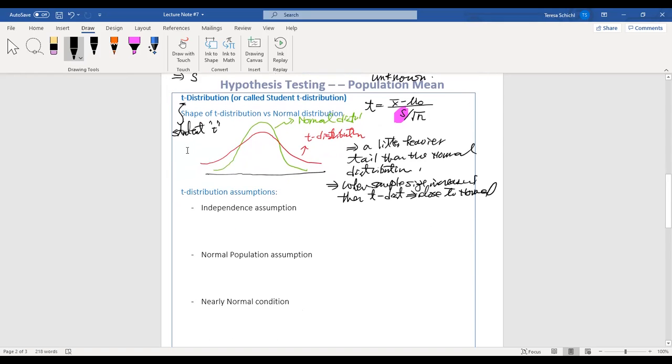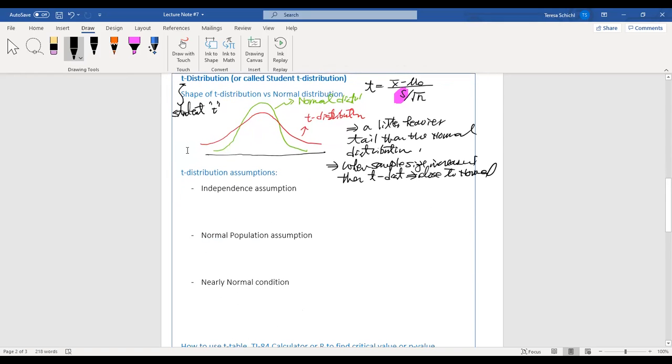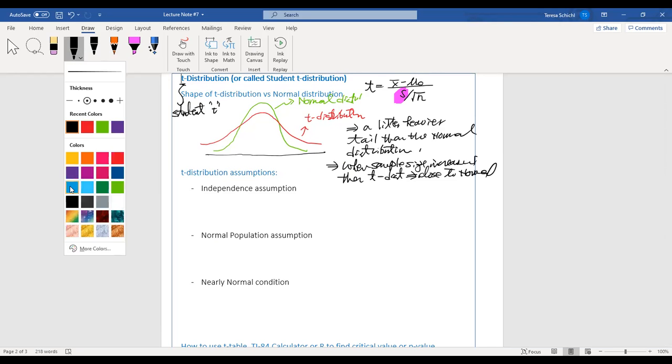Okay, so for the data, in order to have a T distribution, we do have some assumptions here. The first one we call the independence assumption. For the independence assumption, we have three little things.